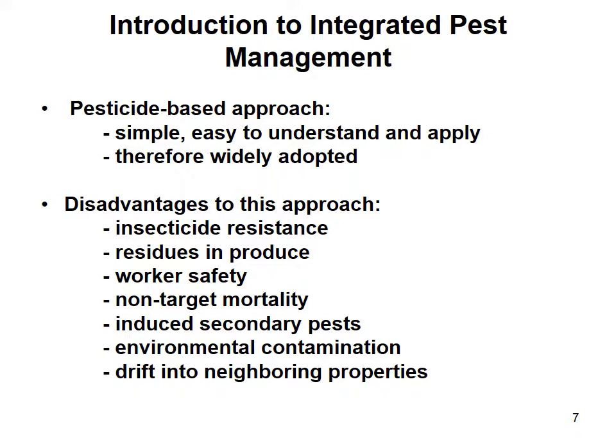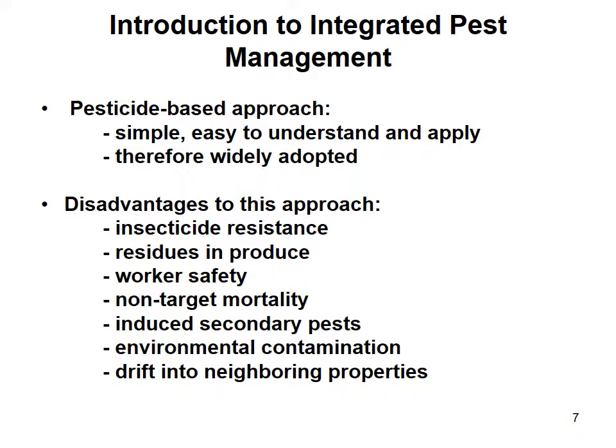Now, we can ignore points 2 to 7 by those determined to ignore them. But point number 1, insecticide resistance, cannot be ignored by farmers that are relying on pesticides. So what are the options here? They are to increase the dose, change the active ingredient, or do something altogether different.